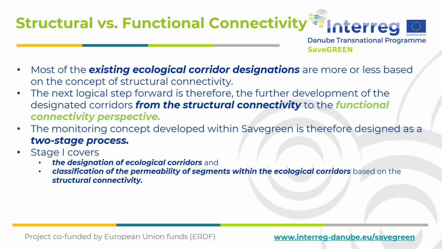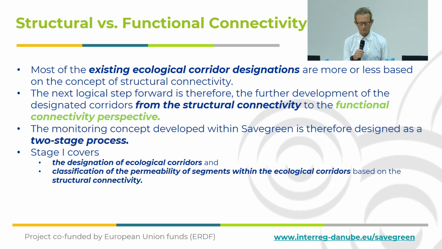The first stage is the traditional one. We use GIS to designate the corridors based on GIS models. Then we did a classification based on the landscape structure, a classification of the permeability of segments within the corridor.